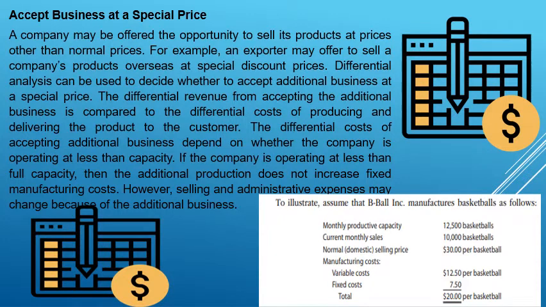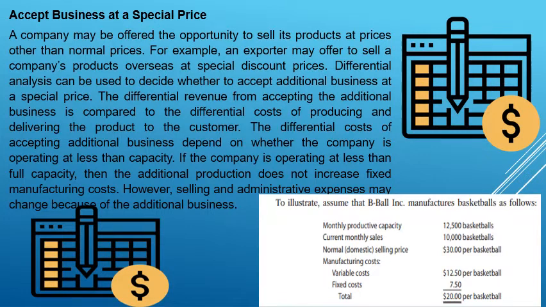Moving on, we have here the concept of accepting business at a special price. A company may be offered the opportunity to sell its products at prices other than normal prices. Let's say, for example, an exporter may offer to sell a company's product overseas at special discount prices.